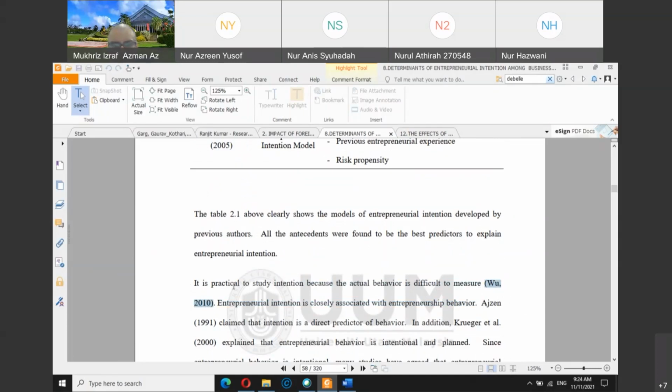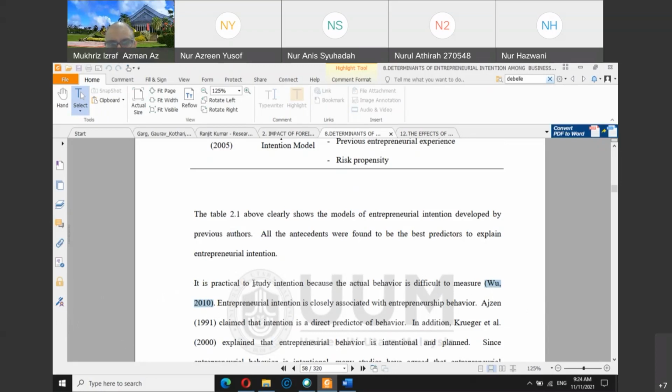The sentence has already finished, then you are citing that this sentence belongs to or is referring to the statement by Wu 2010. I hope you get the point lah, in terms of how you are citing inside the text, or citing at the end of the text, meaning outside the text. So this is outside the text.